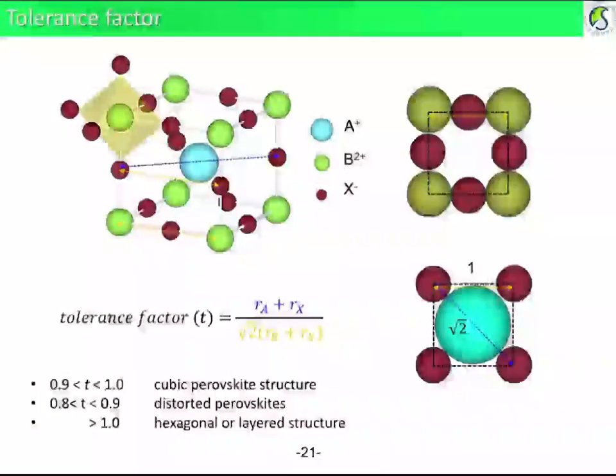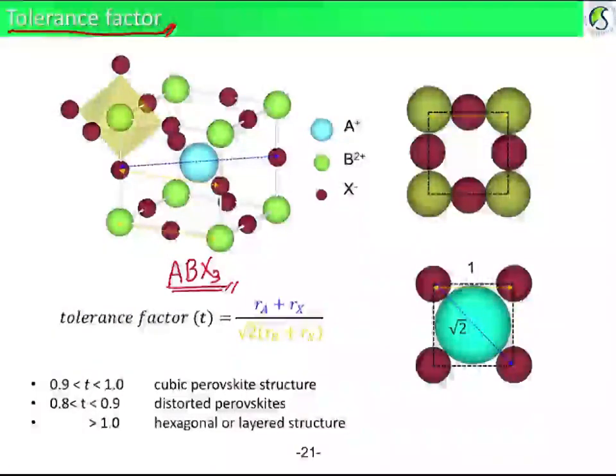For understanding the structural stability of the perovskite material, we should understand the concept called tolerance factor. This tolerance factor describes the structural formability of ABX3 three-dimensional perovskite materials.